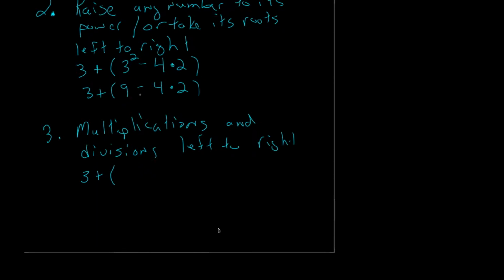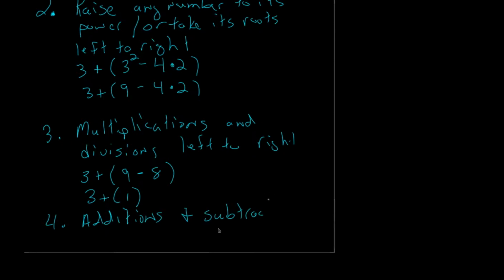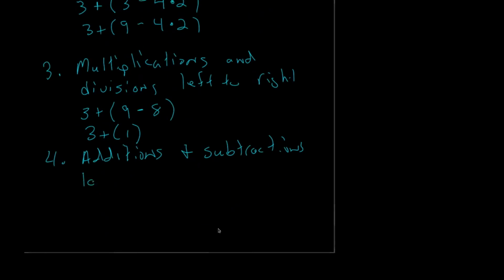Well, I don't do the subtraction first, I do the multiplication. So 9 minus 8. And now I can finish that. I'm going to get 3 plus 1. Because the last thing I do is additions and subtractions. Left to right. And 3 plus 1 is 4.